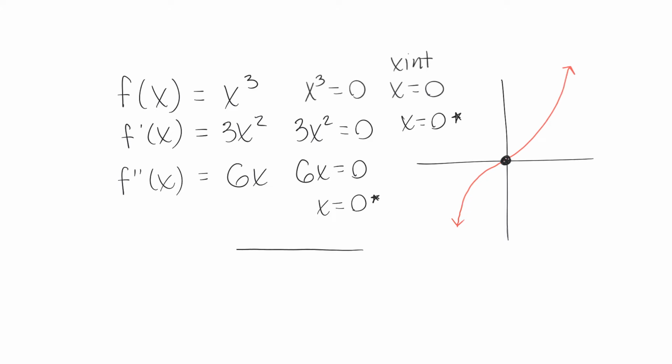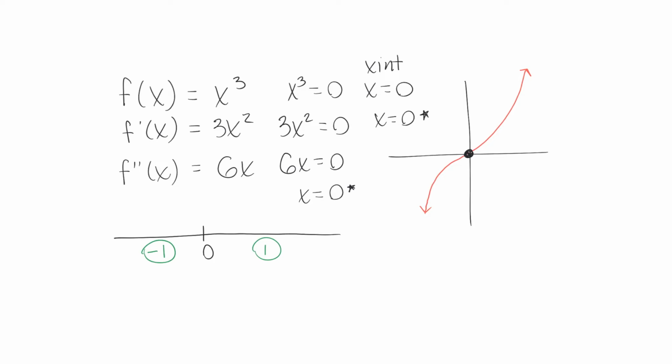So I would set up my sign chart here, and I'd put 0 in the middle. Now I'm going to pick some test points on either side. I'm going to pick -1 and +1, and I'm going to plug those into my derivatives. So let's start with our first derivative. If we start with f prime of -1, we're using the first derivative to check for increasing or decreasing.